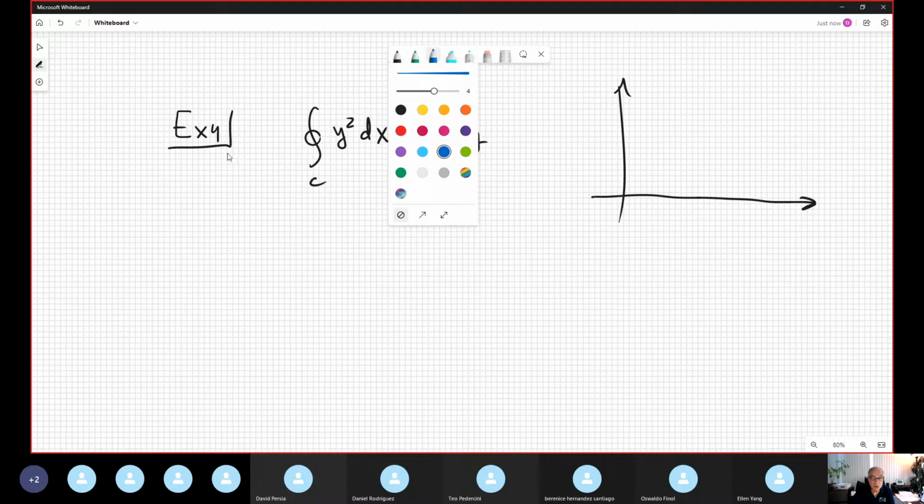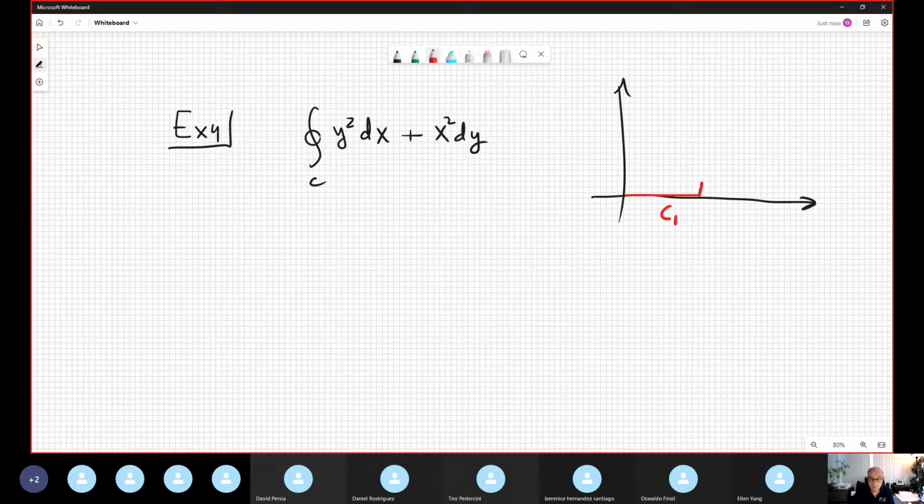Let me show you. This segment is C1, this segment C2, this segment C3, and this segment C4, in this direction, counterclockwise.